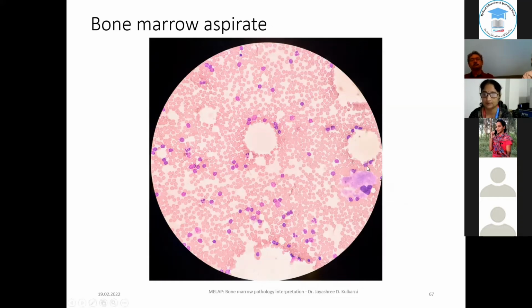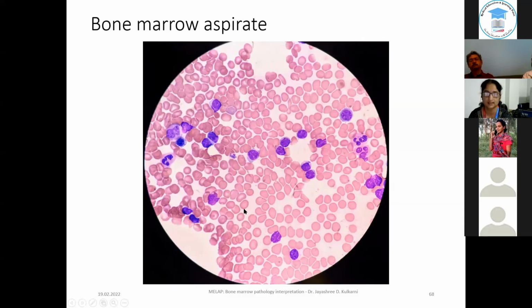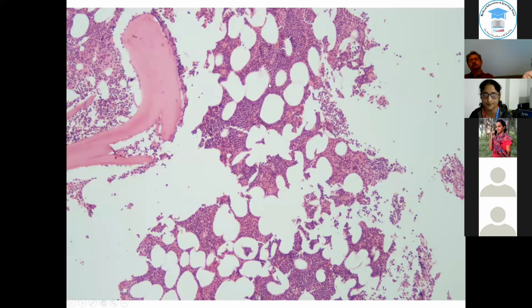This is from the bone marrow. You see the megakaryocyte here, and the bone marrow also has increased mature B cells with a similar morphology to what we saw in the peripheral blood. The normal hematopoietic tissue is markedly suppressed. The biopsy is quite cellular, predominantly showing these monotonous cells.